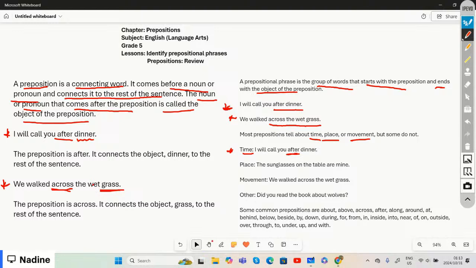The next one is our preposition of place. It says the sunglasses on the table are mine.